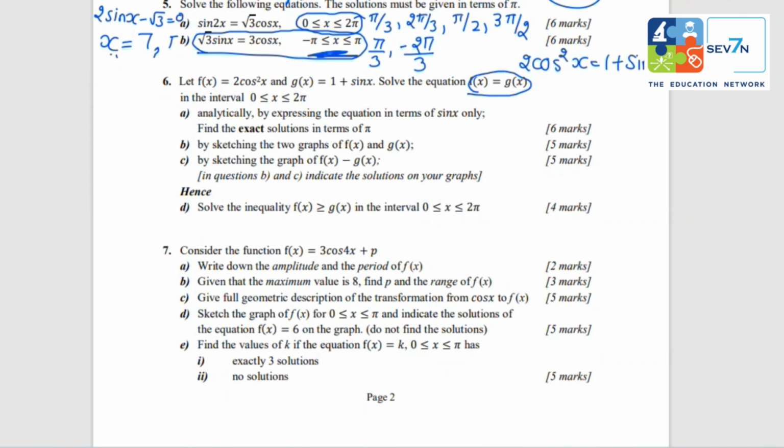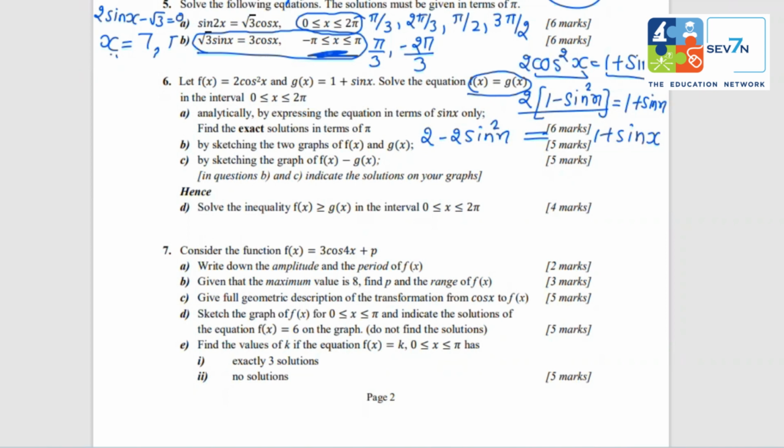Yeah. Any doubt? No. Okay. Now, can I write this in this way? Your 2 cos square x is 2 multiplied by 1 minus sin square x. Yes. And this is 1 plus sin x, right? Yes. And this will be 2 minus 2 sin square x is equal to 1 plus sin x, right? Yes.